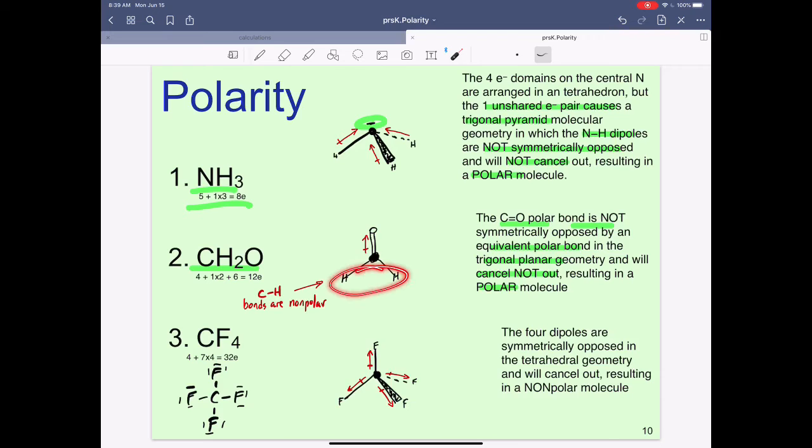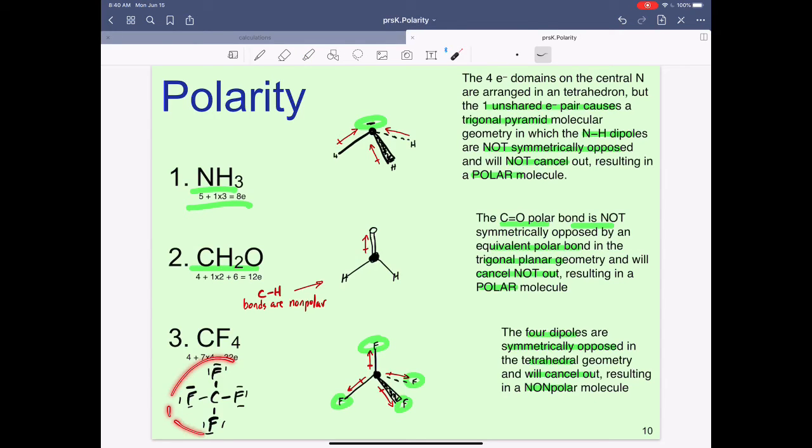Even though this end of the molecule is effectively nonpolar, we will end up with a dipole represented in this direction. On the other hand, fluorine, being very electronegative on the outside of this carbon tetrafluoride, these four dipoles are symmetrically opposed within the tetrahedral geometry and will cancel out, resulting in a nonpolar molecule.